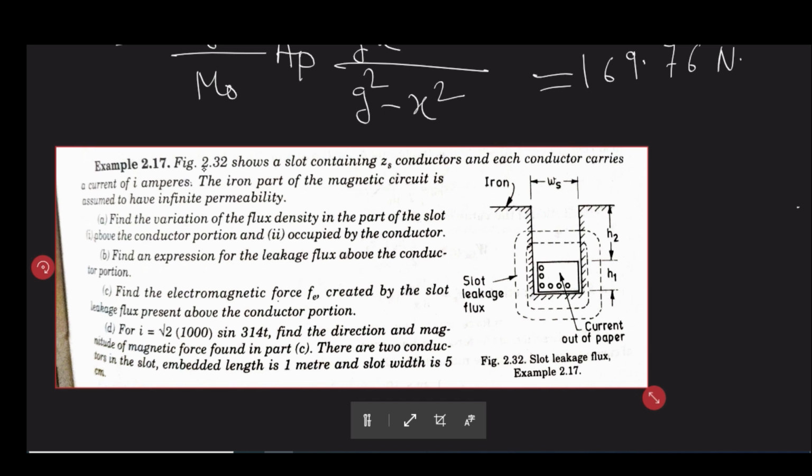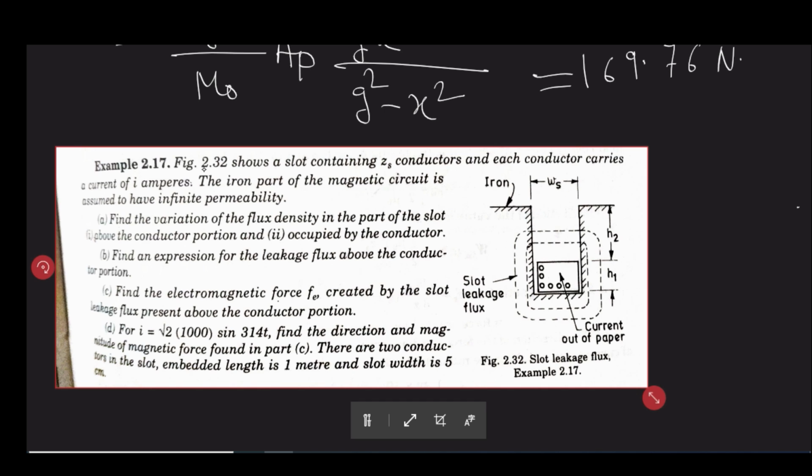Find the variation of the flux density in the part of the slot above the conductor portion and occupied by the conductors. Then find an expression of leakage flux above the conductor portion. Then find the electromagnetic force created by the slot leakage flux present above the armature conductor portion.